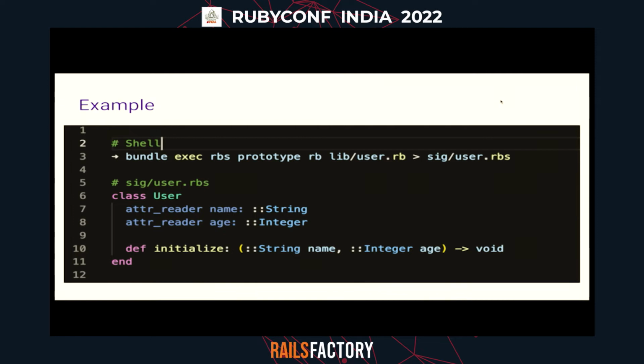When you generate your types using prototype, it's going to give you untyped only. It's not going to give you the specific types. Those types we have to write by ourselves, so that next time when you run this using your type checkers, it knows what types are actually associated with that particular variable. You can think of this in the sense that they want to support gradual type checking.